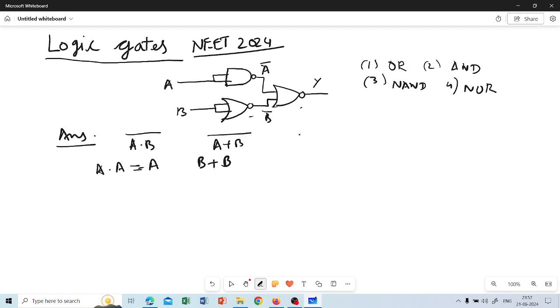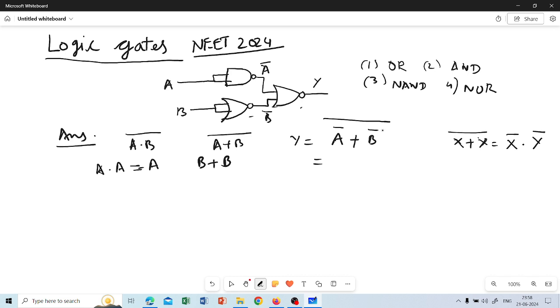So now what can I do? Y is equal to, instead of A, the input is A bar, and instead of B, the input is B bar, then whole bar. So you have to know De Morgan's law for this: X plus Y whole bar is equal to X bar into Y bar.